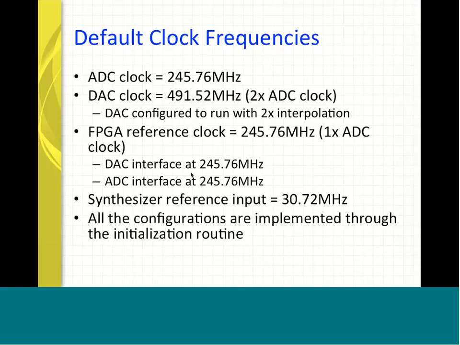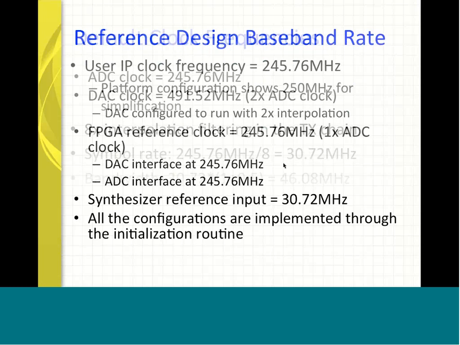So you can generate a local oscillator RF center frequency, which is n times 30.72 megahertz. That's the limitation for where you can place your RF signal. All these configurations are implemented through the initialization routine that's running on the FPGA.